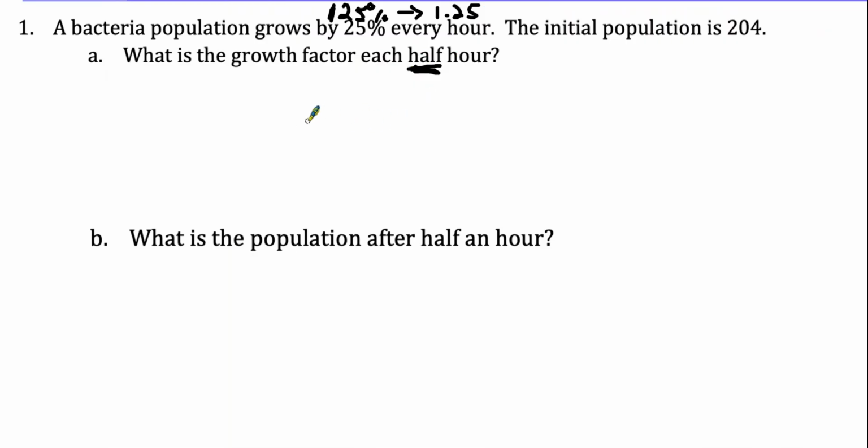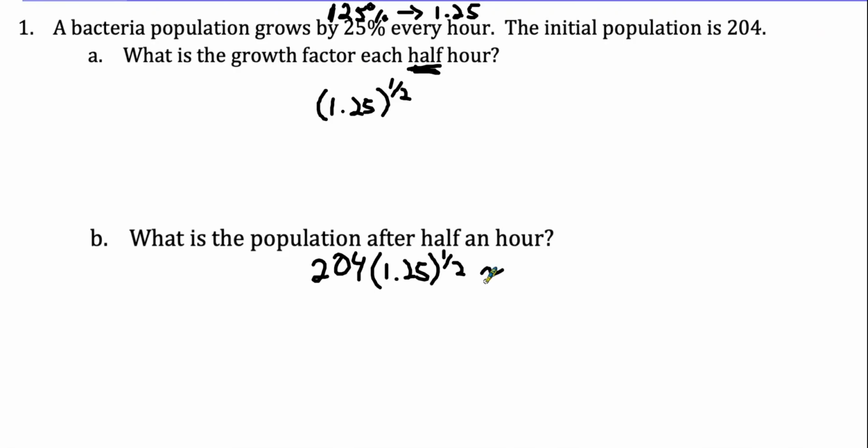1.25 was the growth factor for a full hour. So the growth factor for half of an hour would just be 1.25 raised to the 1/2 power. Then for part B, to actually find the full population after half an hour, I would take my initial population of 204 and multiply that by my growth factor for half an hour, 1.25 to the 1/2 power.